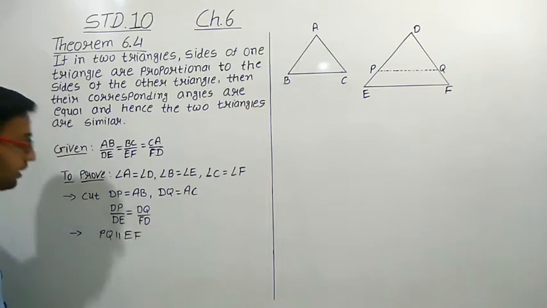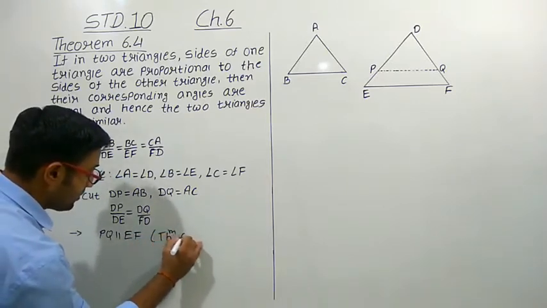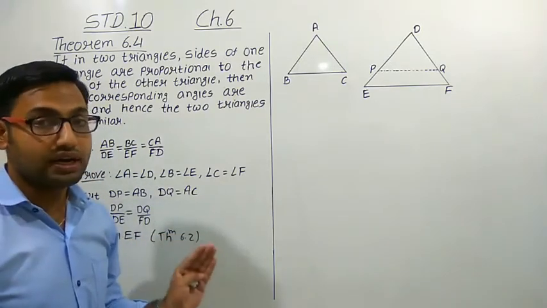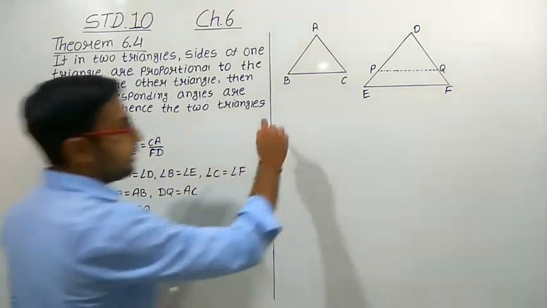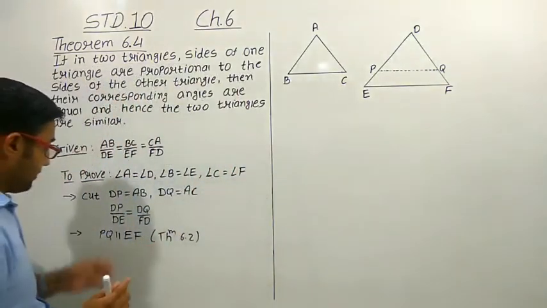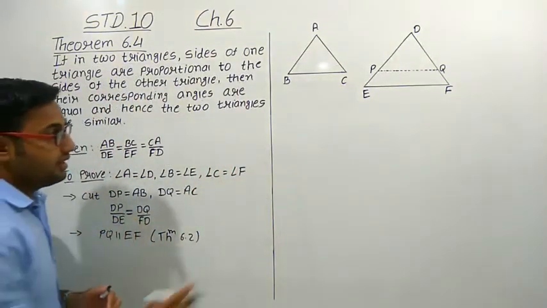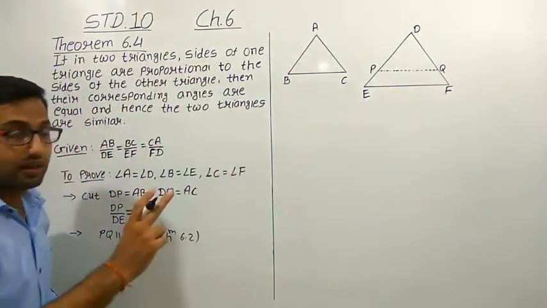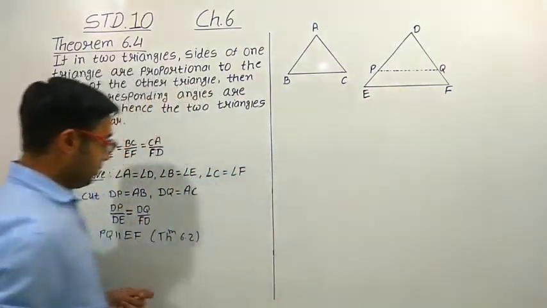PQ will become parallel to EF according to theorem 6.2, which is the converse of the basic proportionality theorem: in a triangle, if a line intersects two sides such that the ratios become equal, then this line must be parallel to the third side of the triangle, that is PQ in this case is parallel to EF.